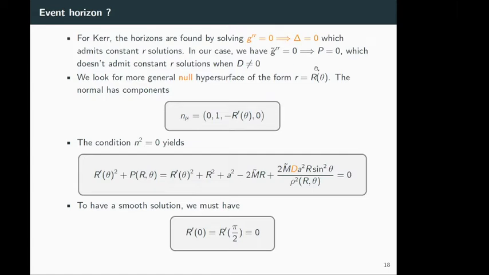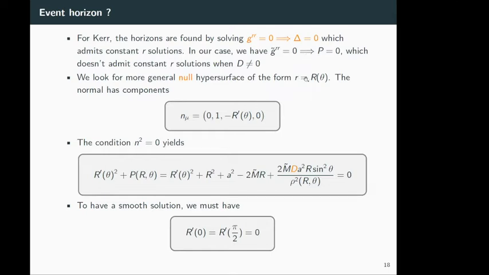The problem is in our case, if we solve this equals 0, we end up with theta-dependent profiles, and this violates the original hypothesis. Because solving grr equals 0 means that you started with the assumption that in the end you'd end up with a constant r surface.